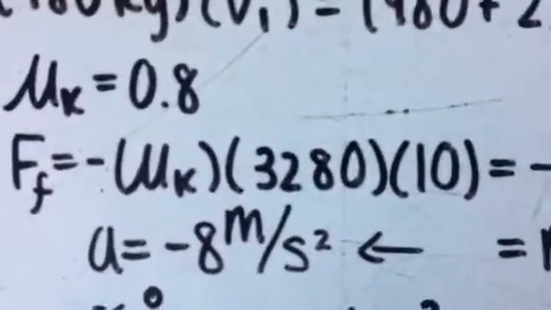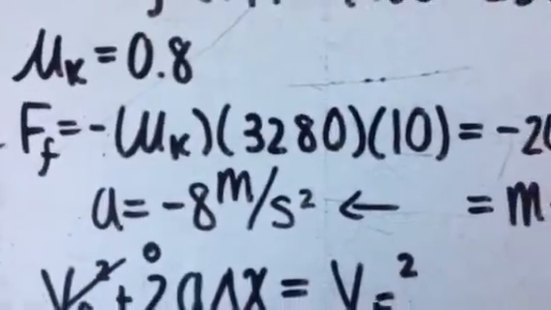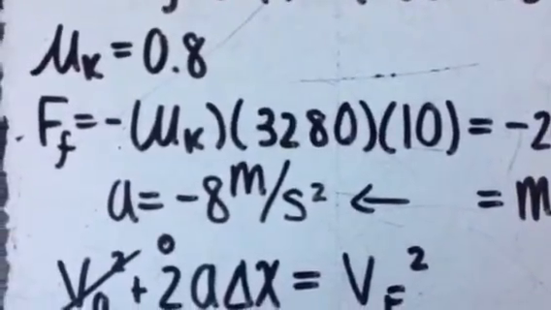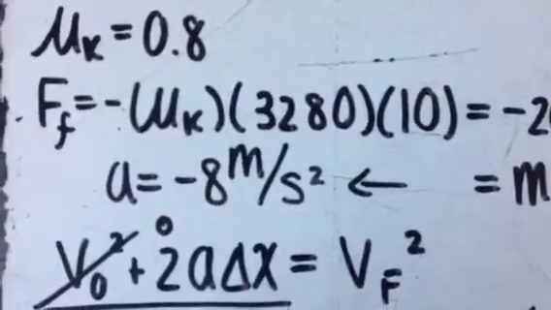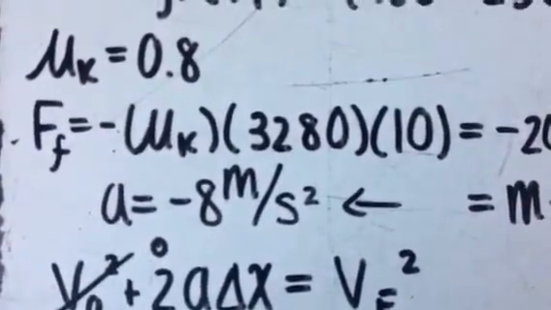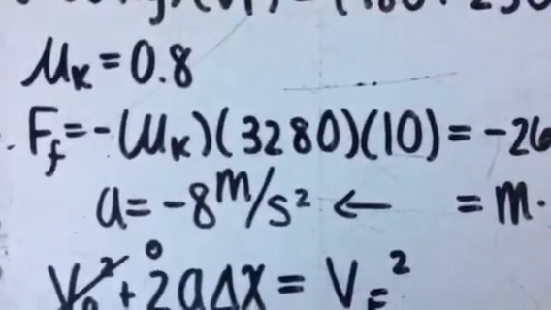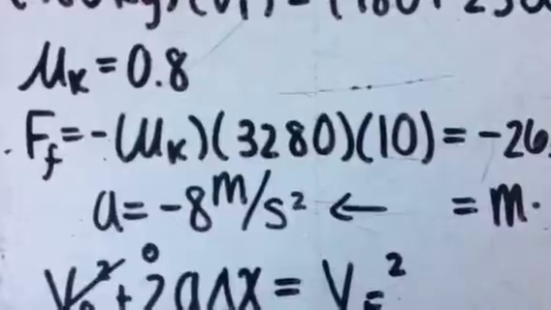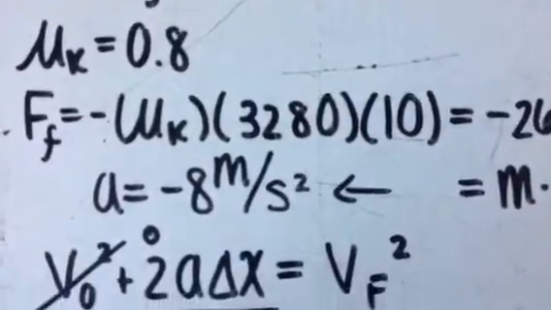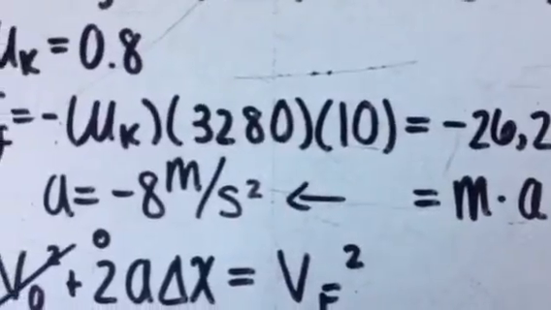We also know that the kinetic friction constant is equal to 0.8. And using our F equals ma, we know that the force of friction is equal to the kinetic friction constant times the normal force, which is equal to the sum of the masses times the acceleration by gravity.